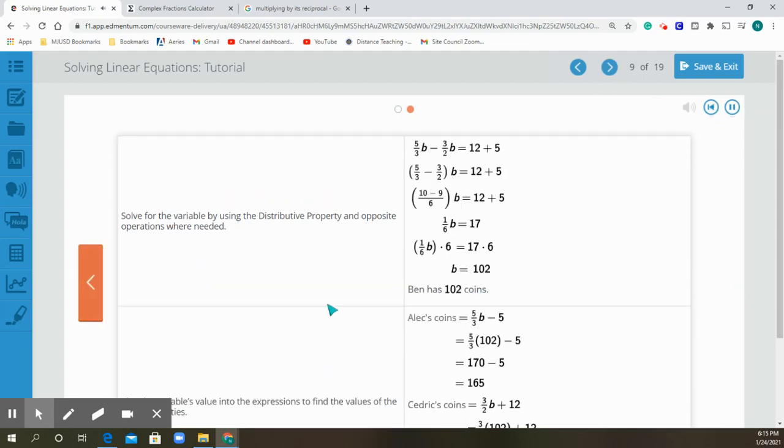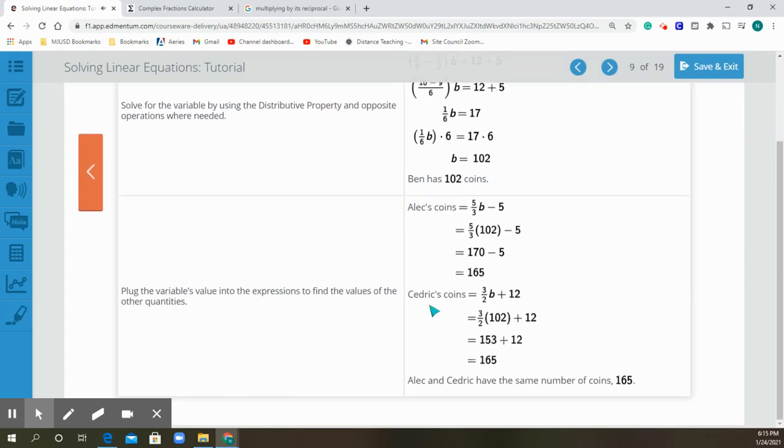Plug the variable's value into the expressions to find the values of the other quantities. Alec's coins equals 5/3 B minus 5, equals 5/3 times 102 minus 5, equals 170 minus 5, equals 165. Cedric's coins equals 3/2 B plus 12, equals 3/2 times 102 plus 12, equals 153 plus 12, equals 165.